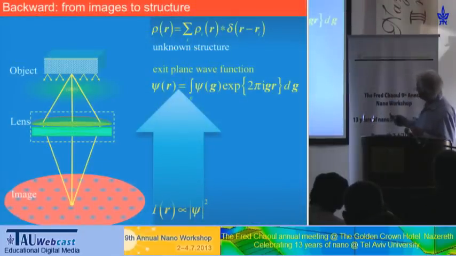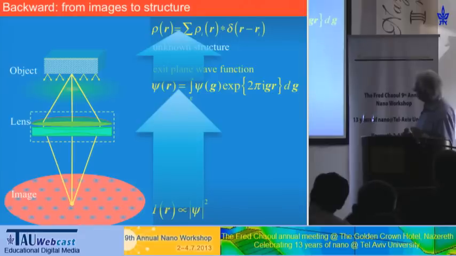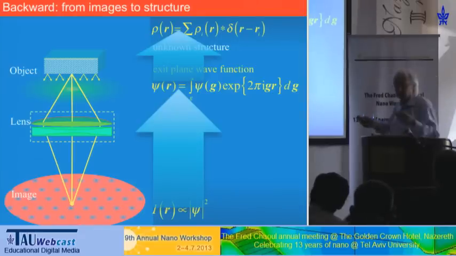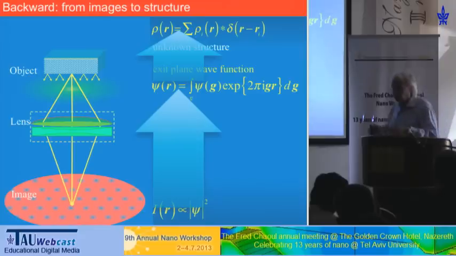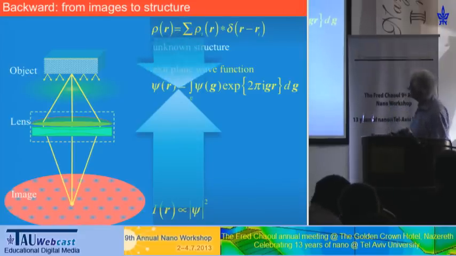So now we still have a second step to be carried out, and this is to conclude from the exit plane wave function back to the structure. And this unfortunately cannot be done in a direct backward calculation. We have to do a forward calculation.